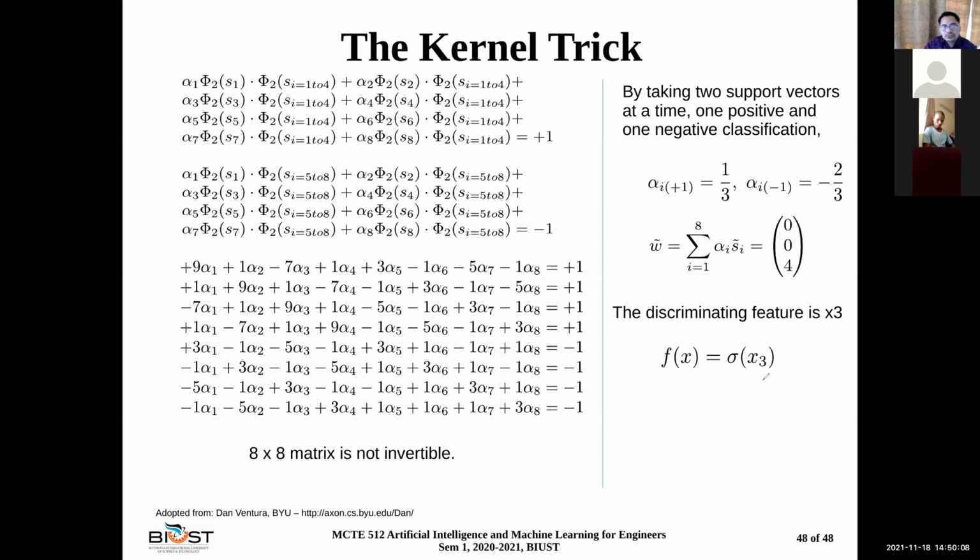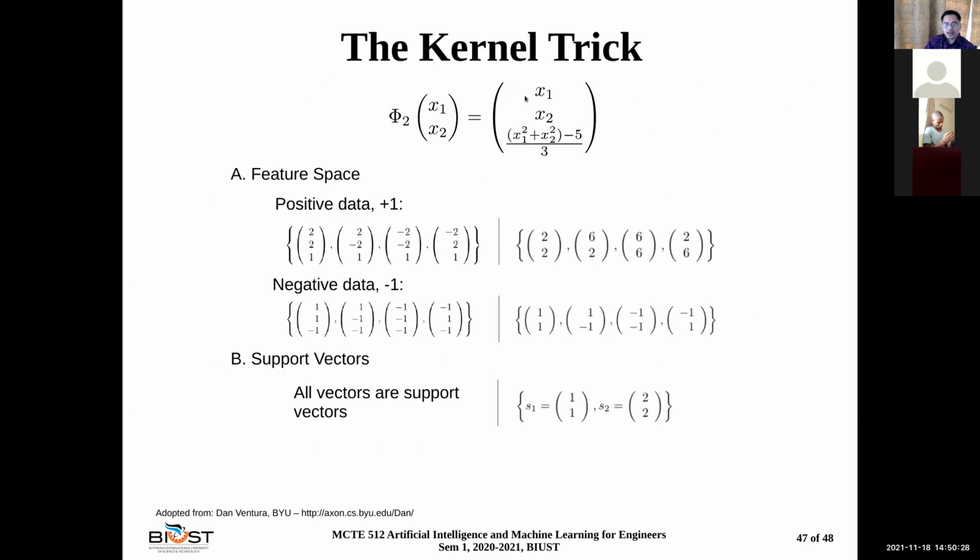Any questions? Okay, let me recap. In this case, the kernel trick gives us a method that will take care of making more accurate classification by increasing the dimension of the feature space.